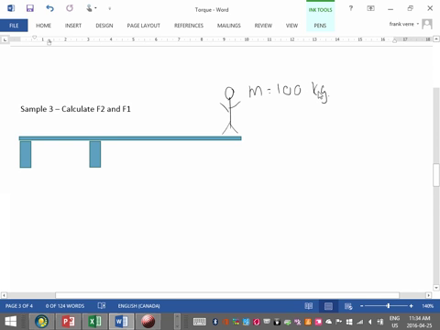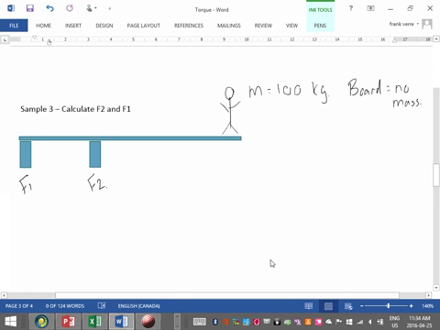We're going to call this F1, and we're going to call this F2. Imagine we want to figure out what F1 and F2 are. And we're going to say the board has no mass, just to keep it simple today. We'll talk about when the board has mass tomorrow. We're going to figure it out using torque.